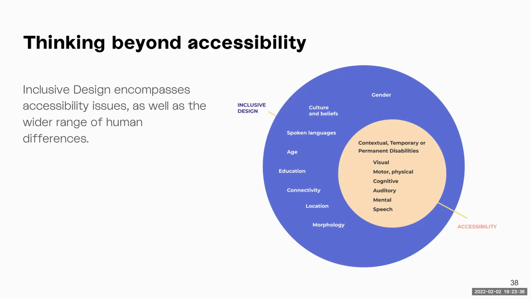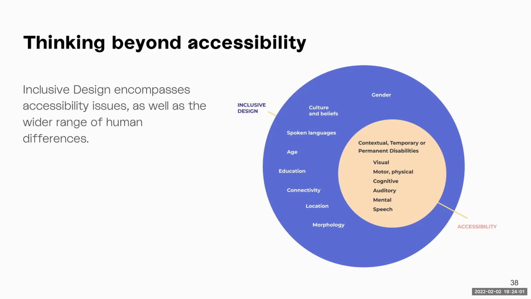But actually, we also need to think about gender, culture and beliefs, spoken languages, age, education, connectivity. If I'm providing a solution for people in Dubai, it's not like providing a solution for people in Egypt, because the connectivity and internet speed are different between these two countries.